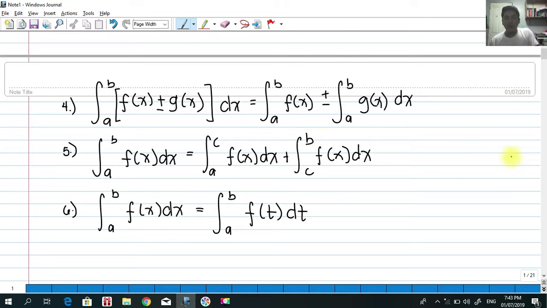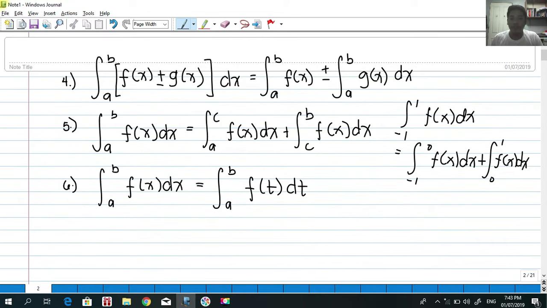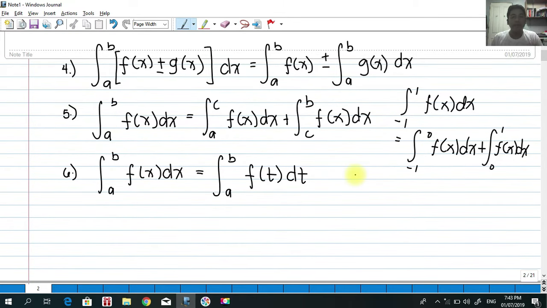For example here also I have from negative 1 to 1 of f of x dx. What I can do is first integrate this from negative 1 to 0 of f of x dx plus the integral from 0 to 1 of f of x dx. So you can use that property in some applications, or in some cases.